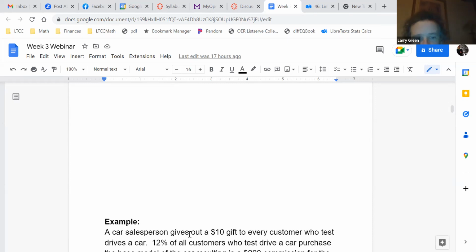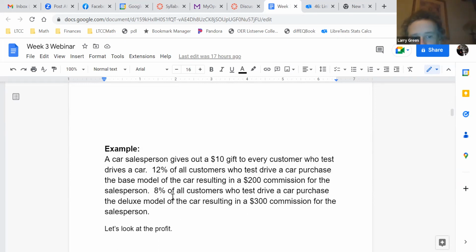Okay, so now we're going to do an example, and this is somewhat real life. A car salesperson gives out a $10 gift to every customer who test drives a car. Does that sound normal? Yeah, that's typical.